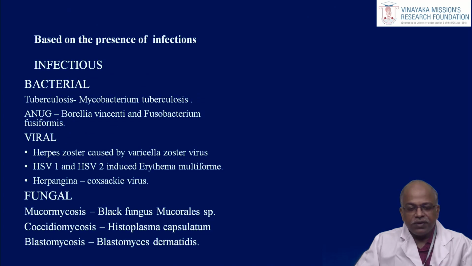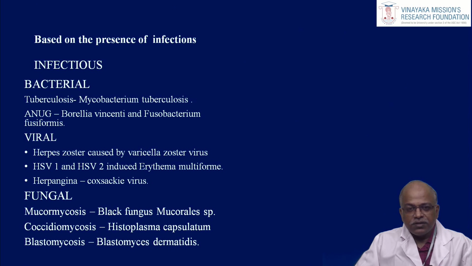Based on the presence of infections, according to the etiological agents, they are bacterial, viral, and fungal. Under bacterial infections, tuberculosis is caused by Mycobacterium tuberculosis, and a tuberculous ulcer is of bacterial origin. ANUG is caused by Borrelia vincentii and Fusobacterium fusiformis.